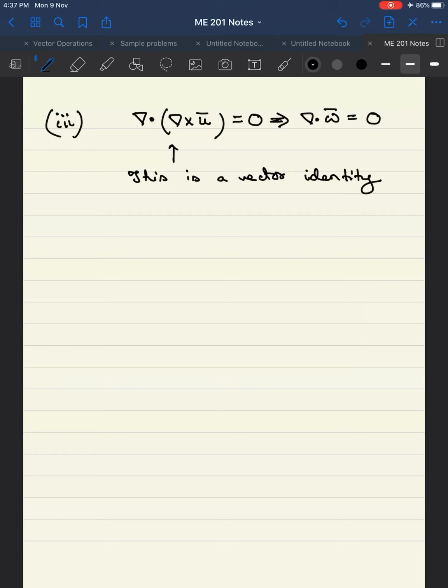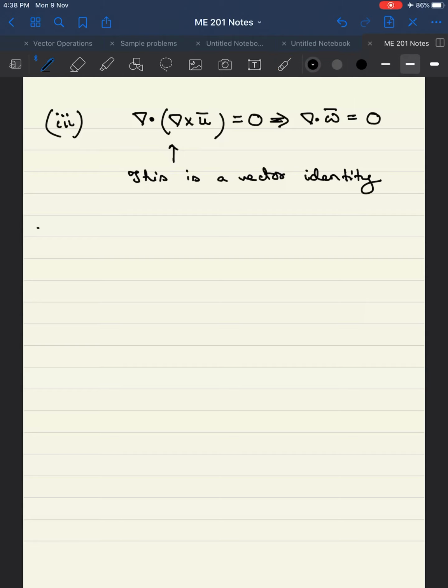And this implies that in a flow there can be no sources or sinks of flow, because this is an identity. The fact that this is equal to 0 does not come from any fundamental law, but rather it is a mathematical identity, which means it has to always be true. So the way you have defined vorticity ensures that its divergence is always 0 in a flow.